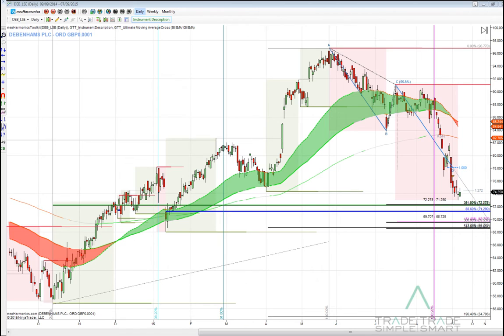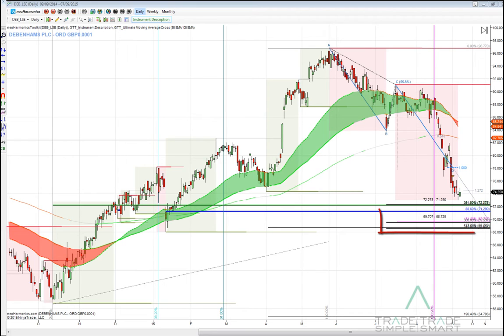Ideally, we'd want to see the market enter into our second zone, which contains the 1.618 projection of the AB equals CD leg, and we'll be looking for a price reversal in and around this point. In saying that, if we were to get a moving average cross from this point, we would still be considering the trade and buying into the upside.